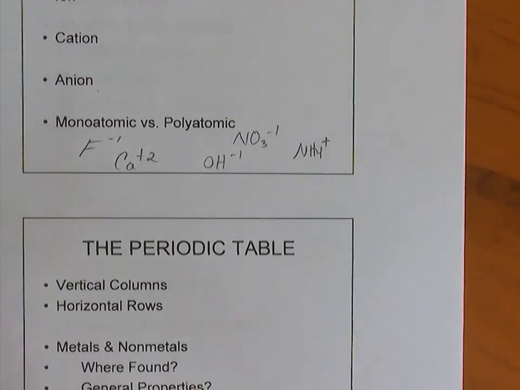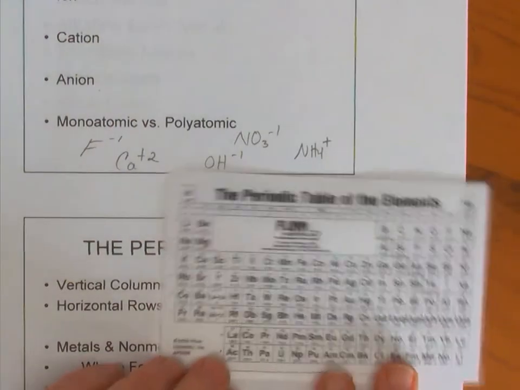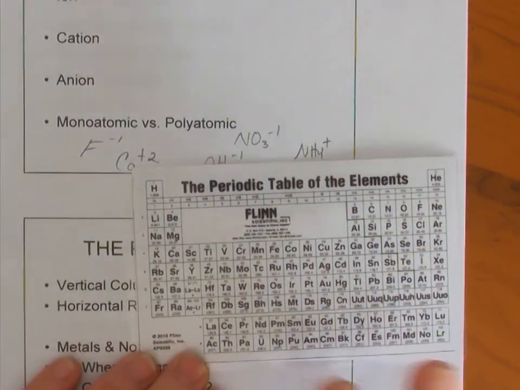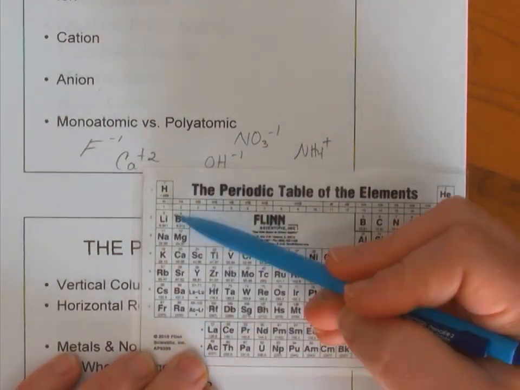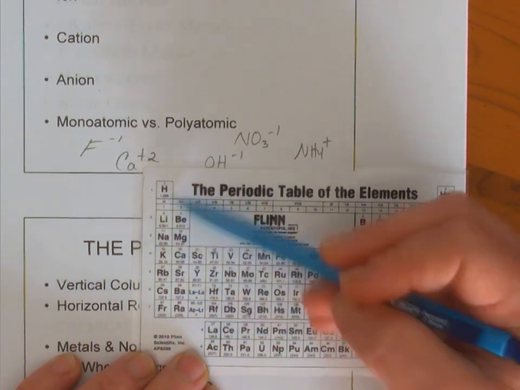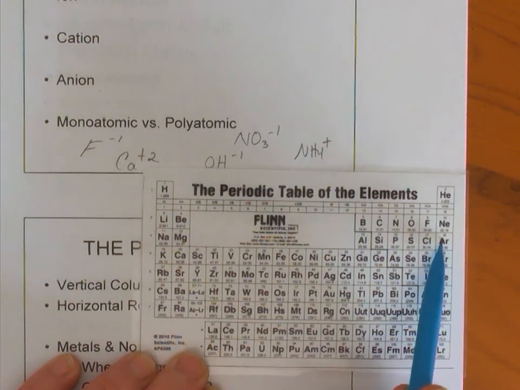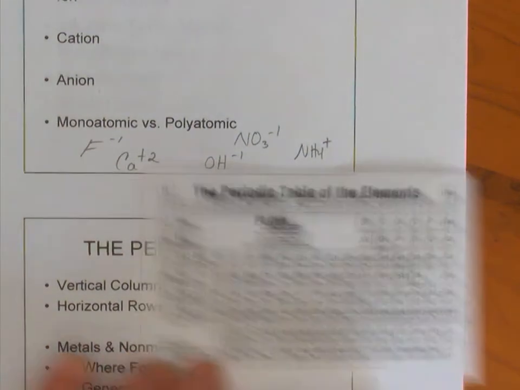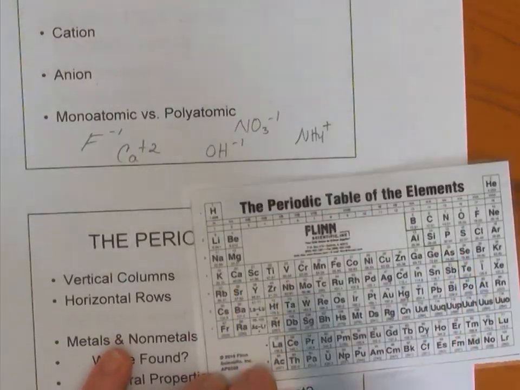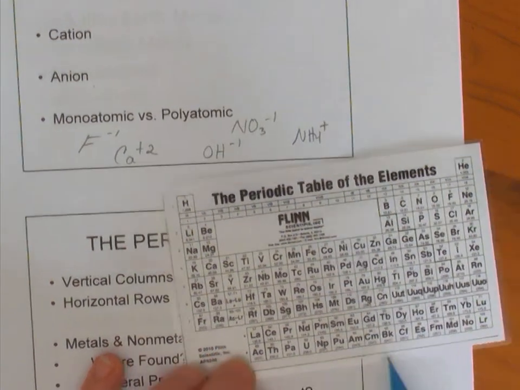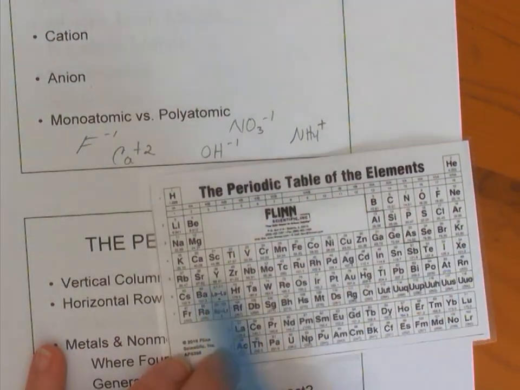All right, just to refresh on the periodic table, I think we try to be different in chemistry, and we don't call vertical columns columns, we call them families or groups. There are 18 from left to right. Horizontal rows we call periods. And if you want to remember that, a sentence ends in a period, and that's horizontal.